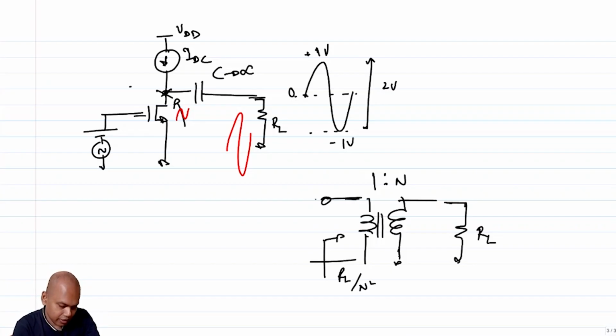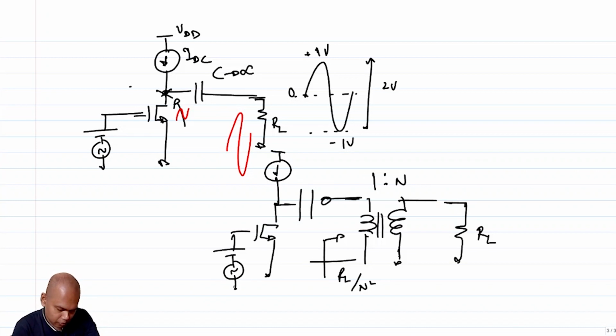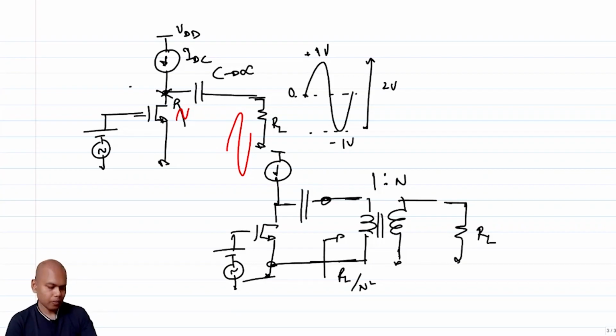And then I can do all sorts of common source amplifier and all, right? This is AC coupled, right? So you can use a transformer to reduce swing.